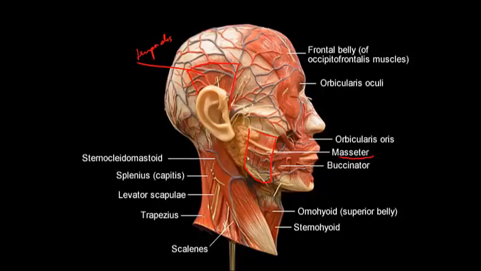That's going to be a masseter. And then underneath the risorius, so underneath that muscle is the muscle called the buccinator. Remember, that is part of the cranial nerve 7 muscles, but it is still part of mastication.